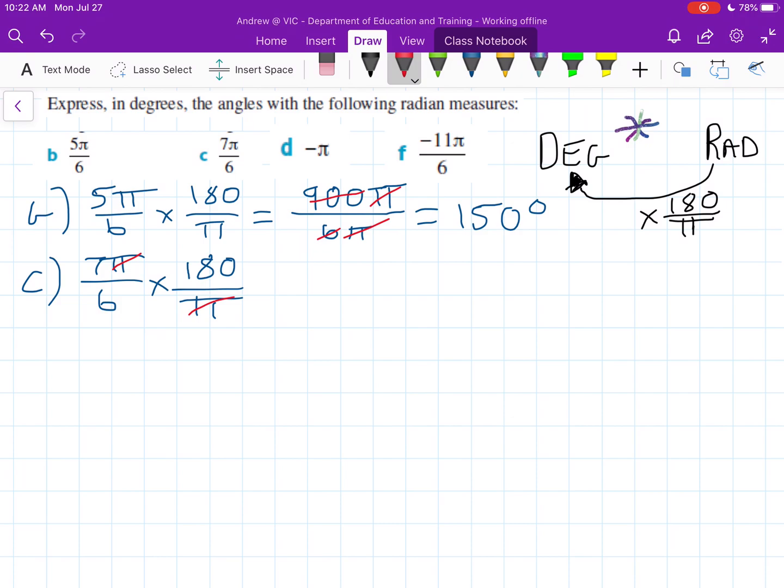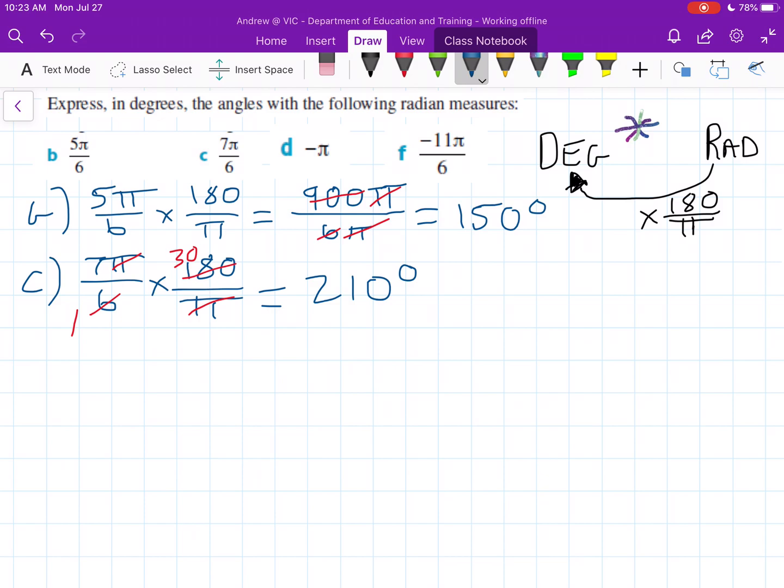So how many times does 6 go into 180? That goes in 30 times. And then you're left with a much simpler multiplication to make. Okay, so you can cancel out first like this. And now all we need to work out is 7 times 30. So this here, 7 times 30, is then equal to 210 degrees. So that's a different way you can go about cancelling out.